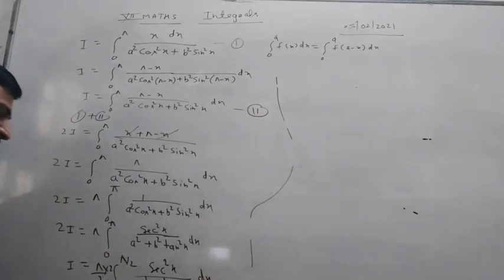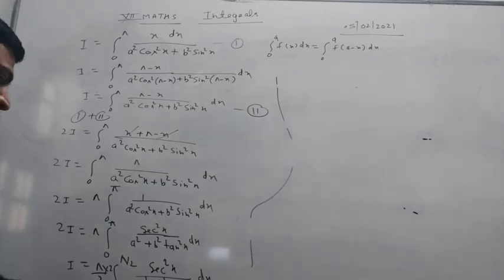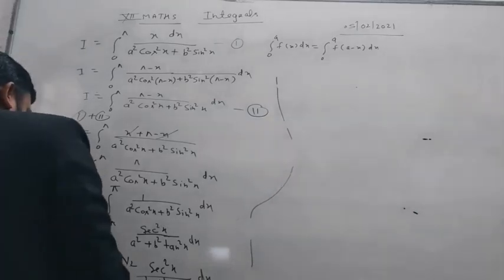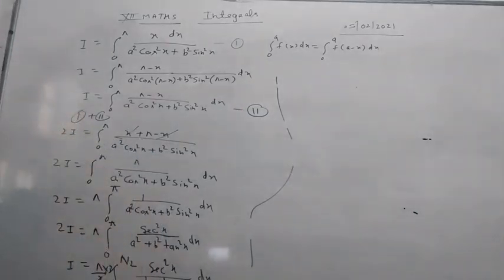We are using the property integral from 0 to 2a of f(x) dx equals 2 times integral from 0 to a of f(x) dx. Okay, because when we put the values, we get the same thing. Now students, this 2 is cancelled.